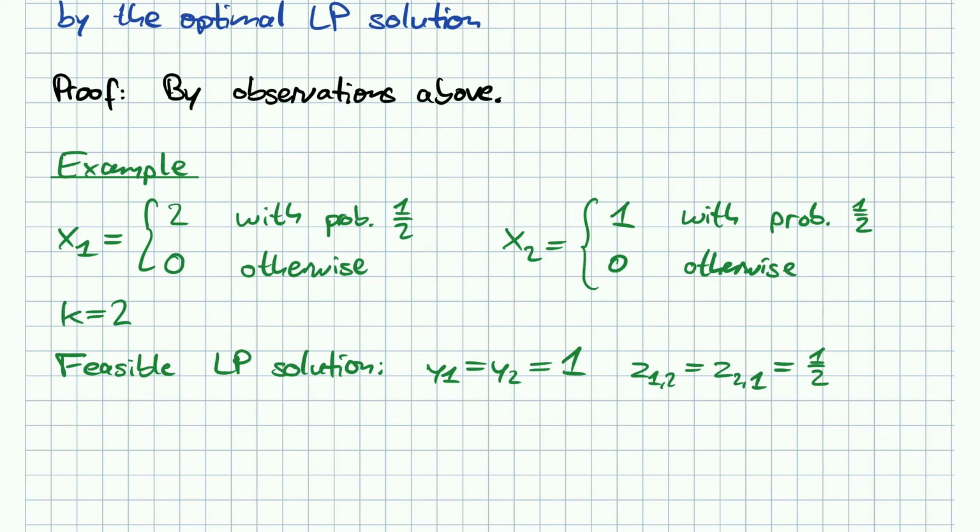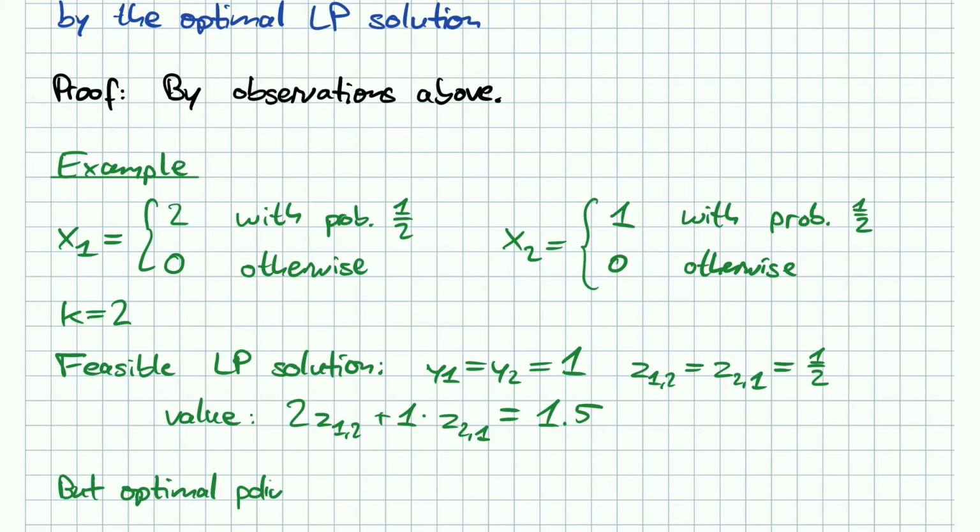Then the value is equal to 2 times z12 plus 1 times z21, so this will be 1.5. But the optimal policy's value is how much?